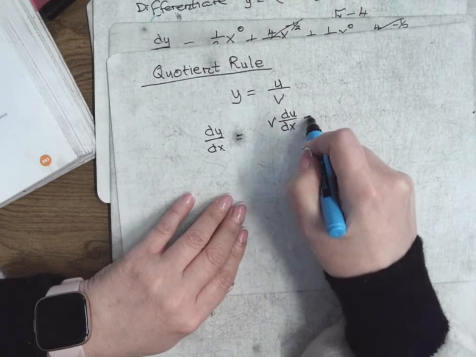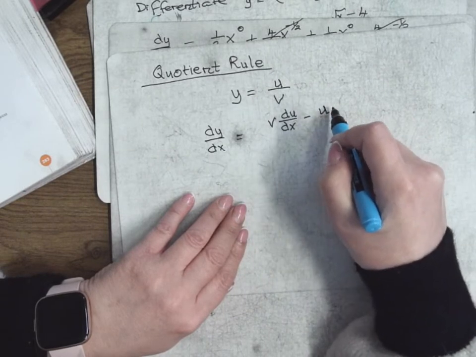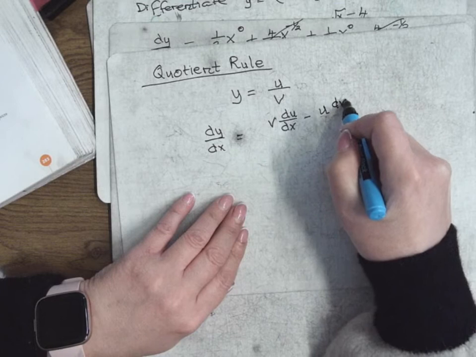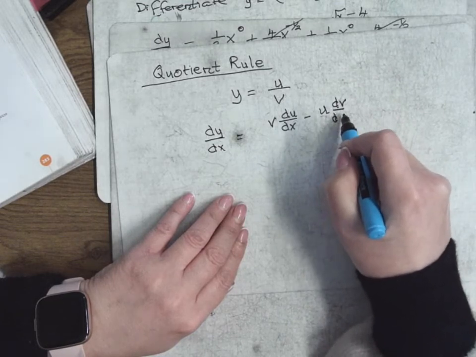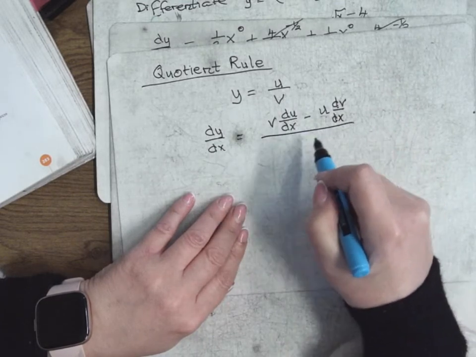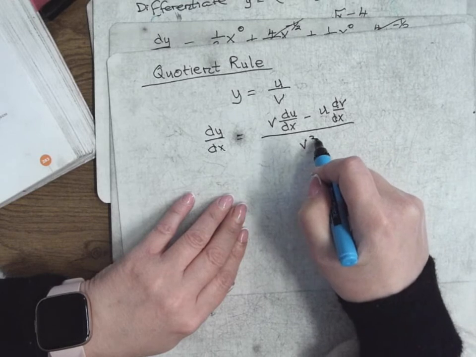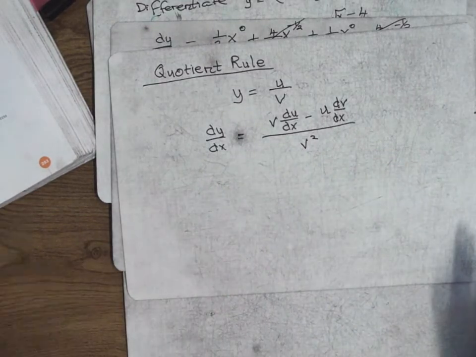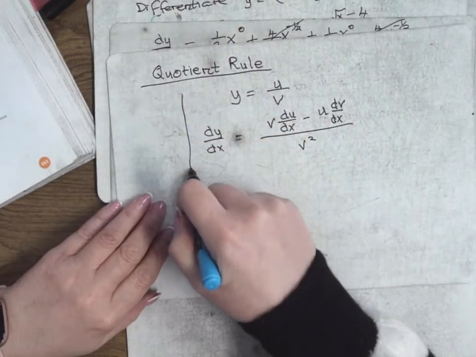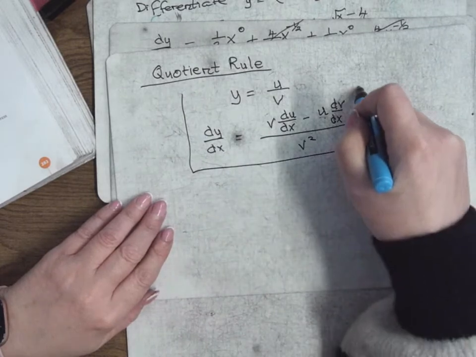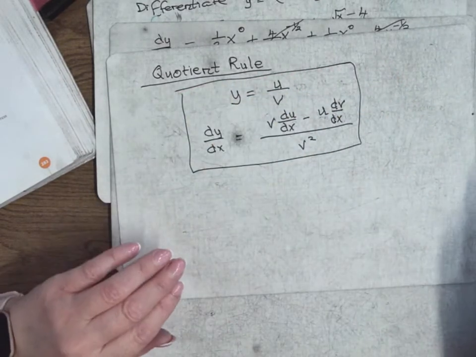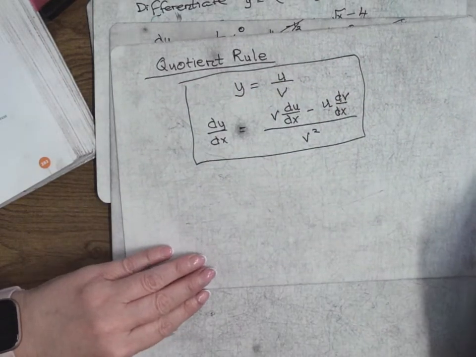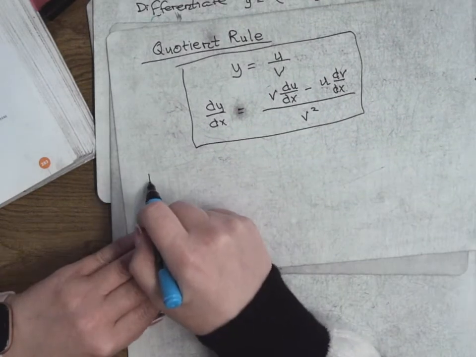This time it's a minus the number on the top multiplied by the derivative of what's on the bottom, and the whole lot is divided by the number on the bottom squared. Okay, as I say, the formula is in the log table, so don't worry about remembering it, just we need to learn how to use it. Okay, so I'll go straight to an example.